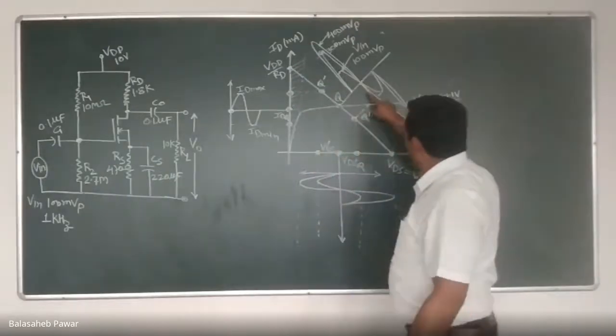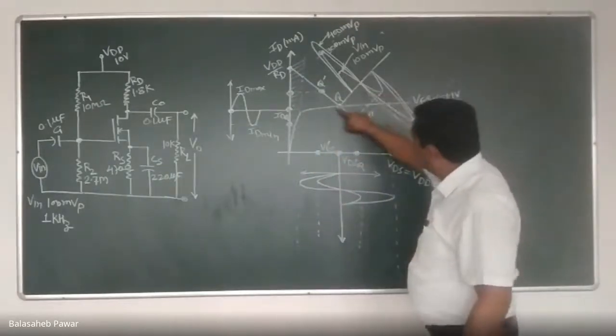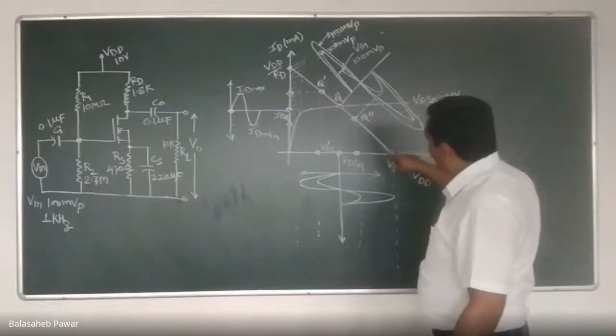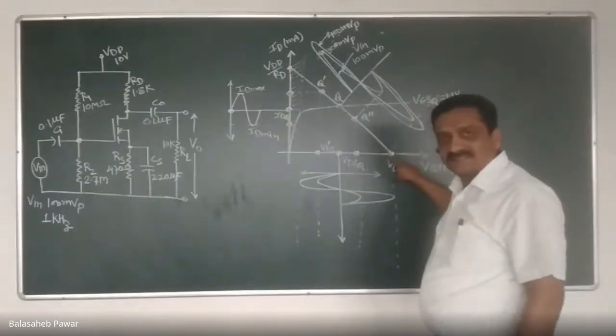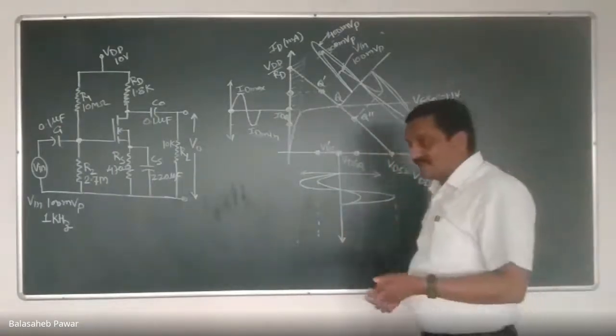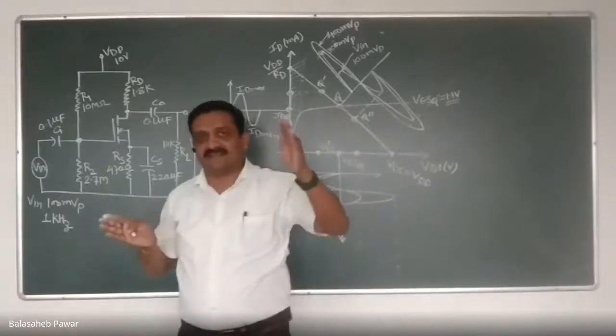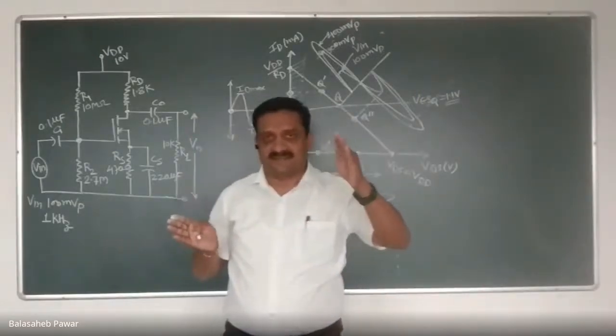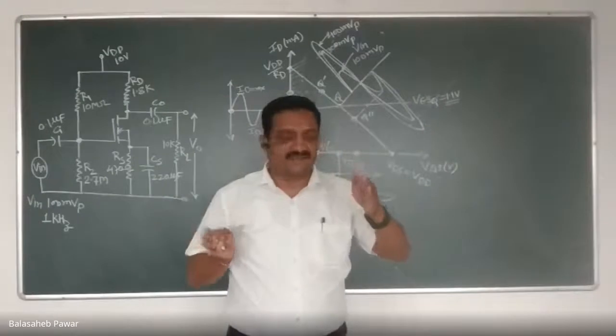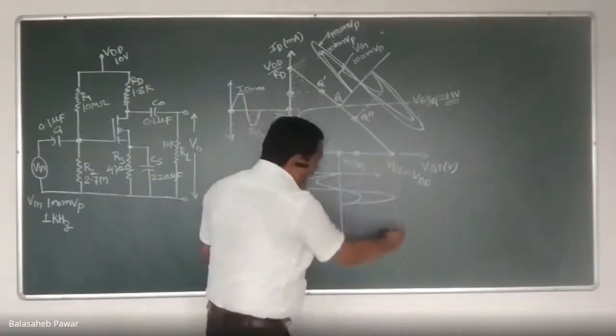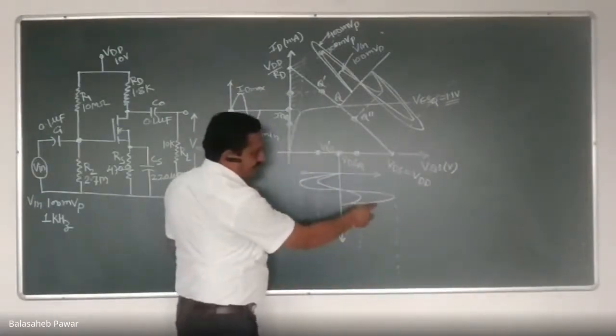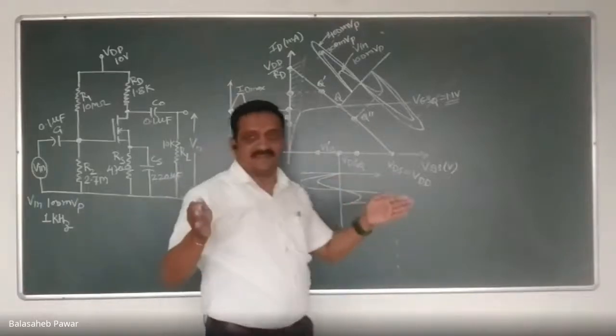And during the negative half, the operating point is shifted from its center up to the cutoff region. That means the input signal completely occupies the amplification region or the saturation region, right? And that's why without any clipping, we are getting this much as the maximum output voltage.